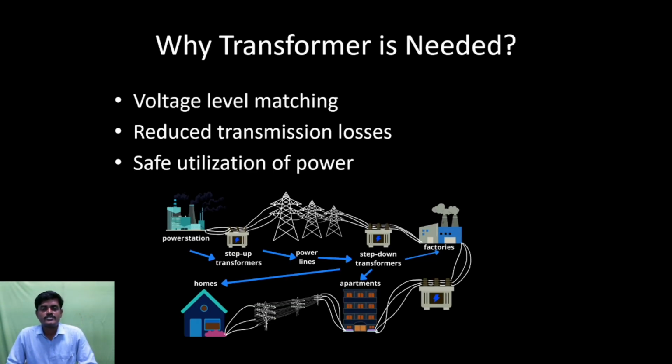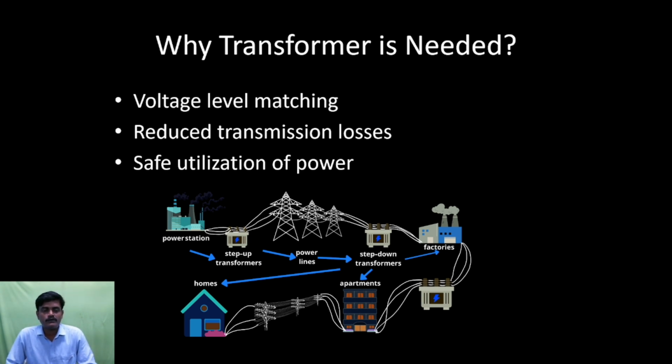So why is a transformer necessary? First thing is voltage level matching. Suppose I have a motor, and in that motor I have to give a 230 volt AC supply.